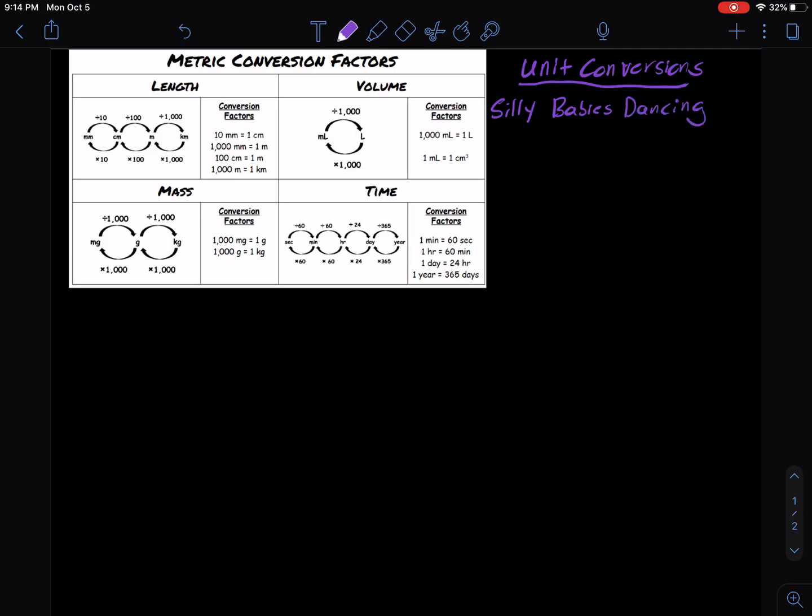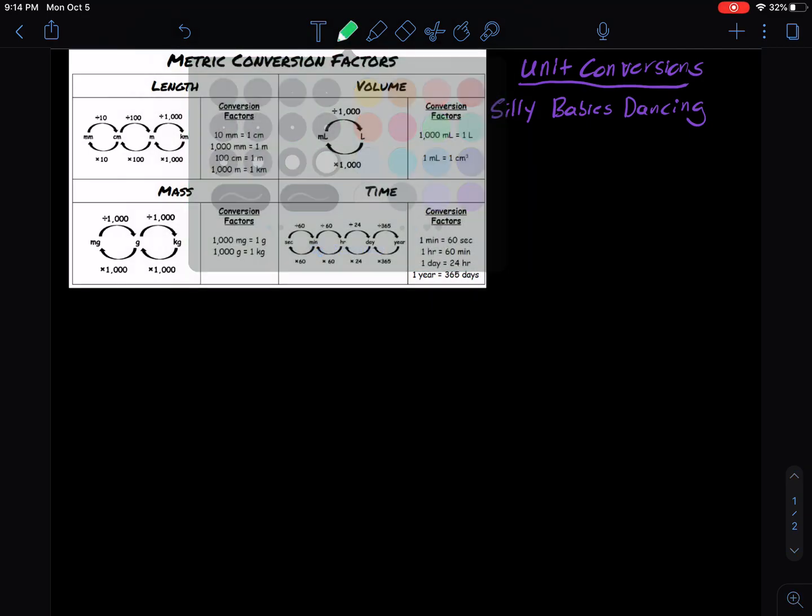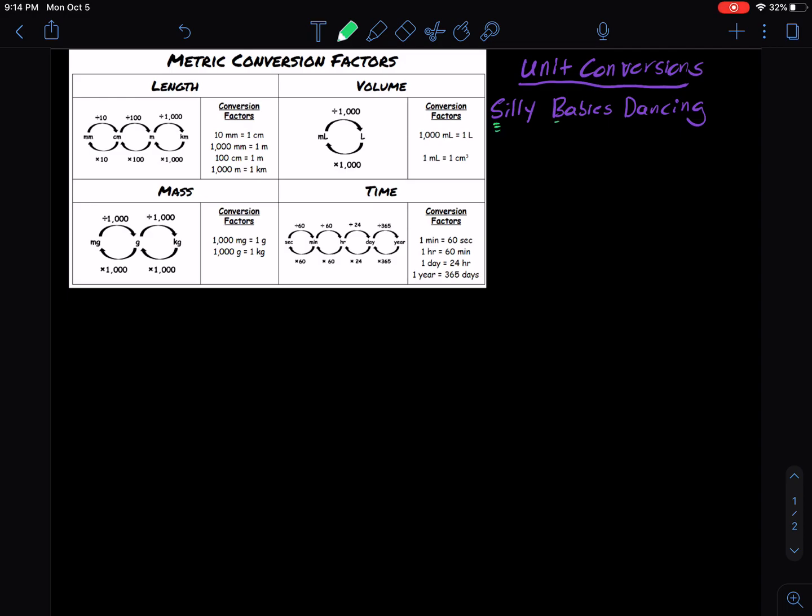What that rule stands for is we're looking at these first letters here, the S, the B, and the D. Silly stands for smaller unit. And we go from a smaller unit to a bigger unit. We're going to divide. So from a smaller unit to a bigger unit, we're going to divide.